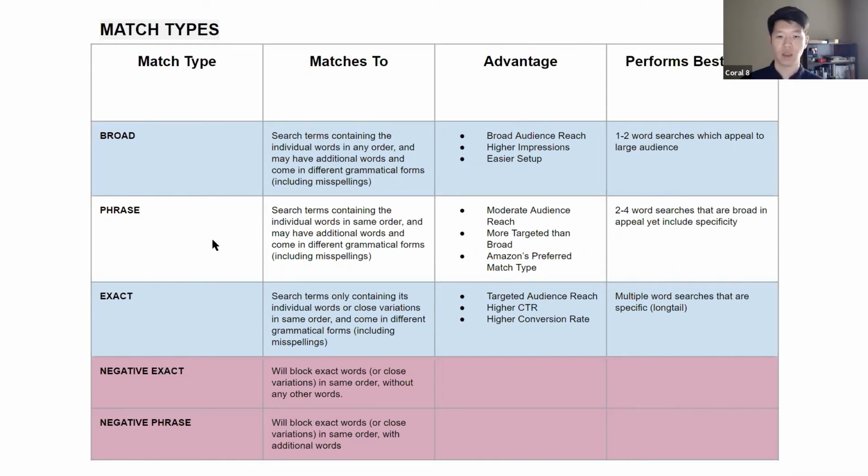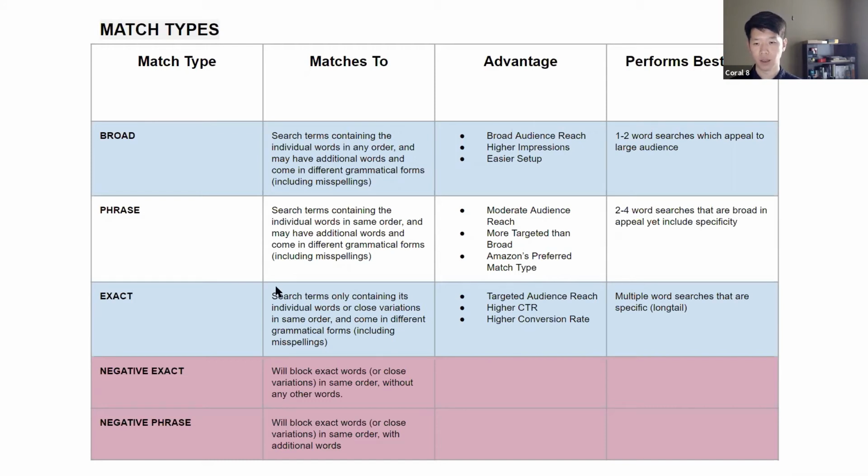Okay. For phrase match, the key difference between phrase and broad match is that the sequence that the individual words show up in your keyword has to match the sequence that customers use. So if you have a keyword that is stainless steel knife, that is phrase match, then if a customer types in knife, steel, stainless, then that search term will not match up to your phrase match version of stainless steel knife.